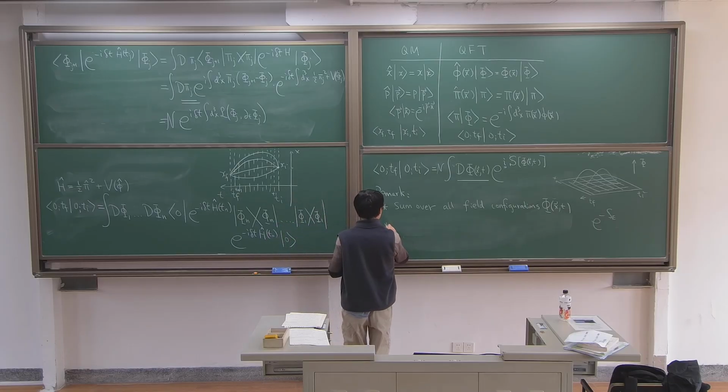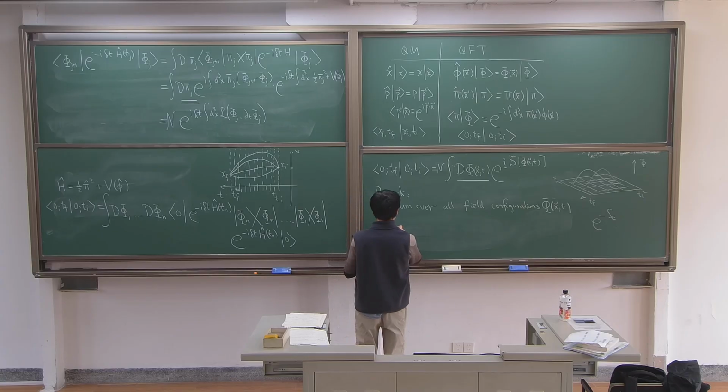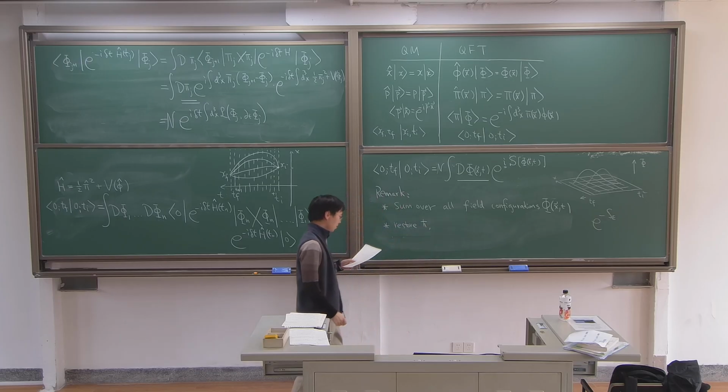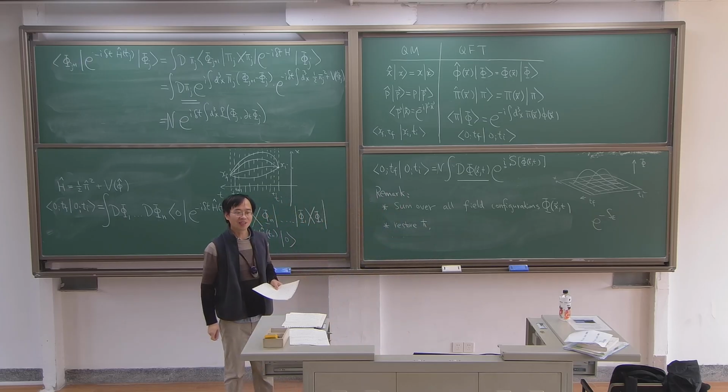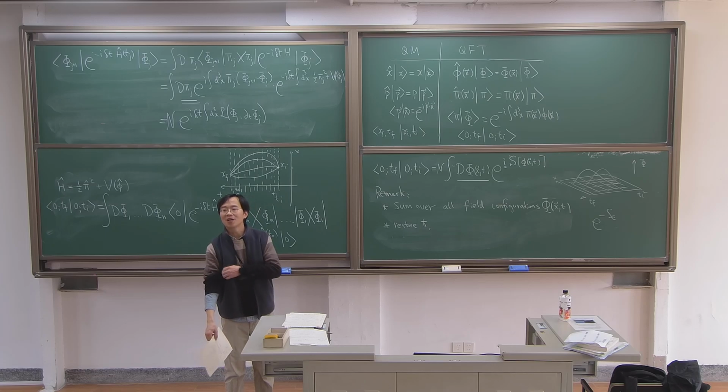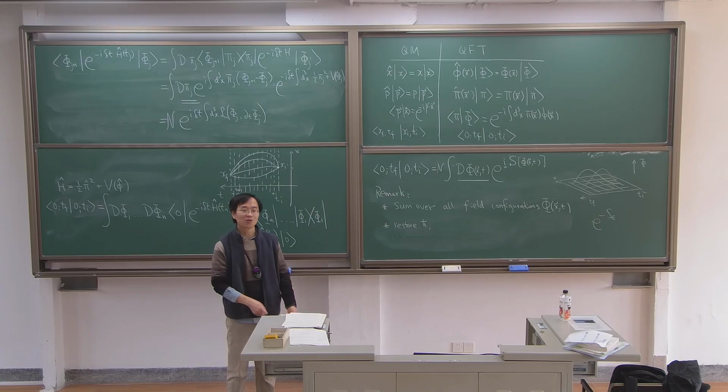Now we know we can restore the h bar, because h bar has a dimension of action, right? We can recover h bar without just taking the natural unit.